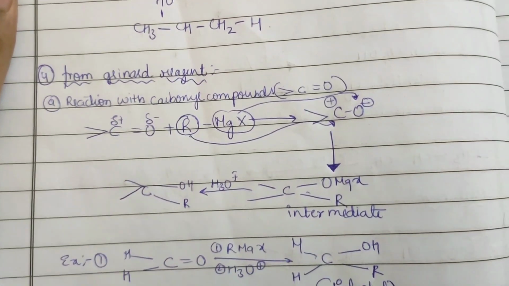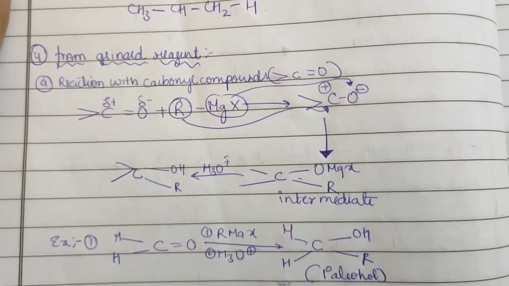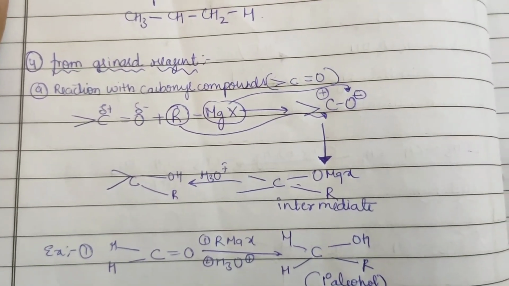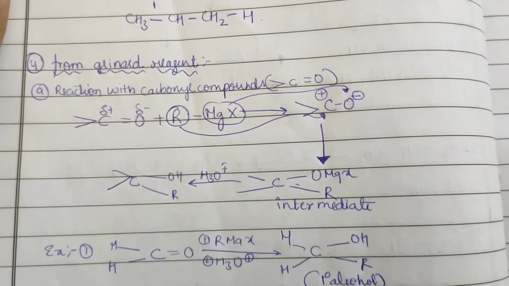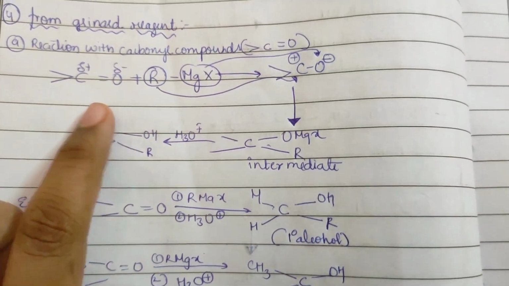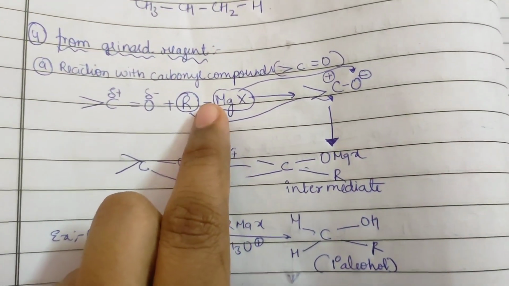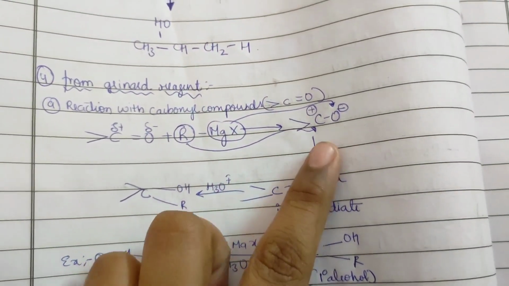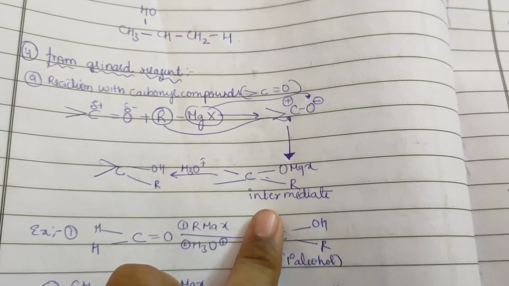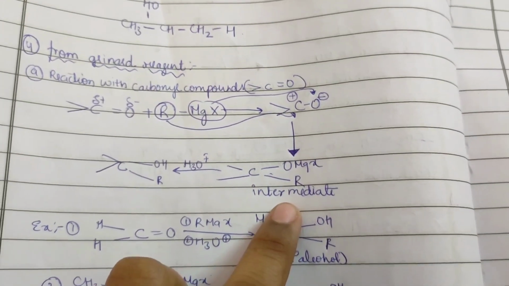Now fourth, from Grignard reagent we can obtain alcohol. Reaction with carbonyl compounds like this. Here added with RMgX to form C minus, then the MgX intermediate here like this.